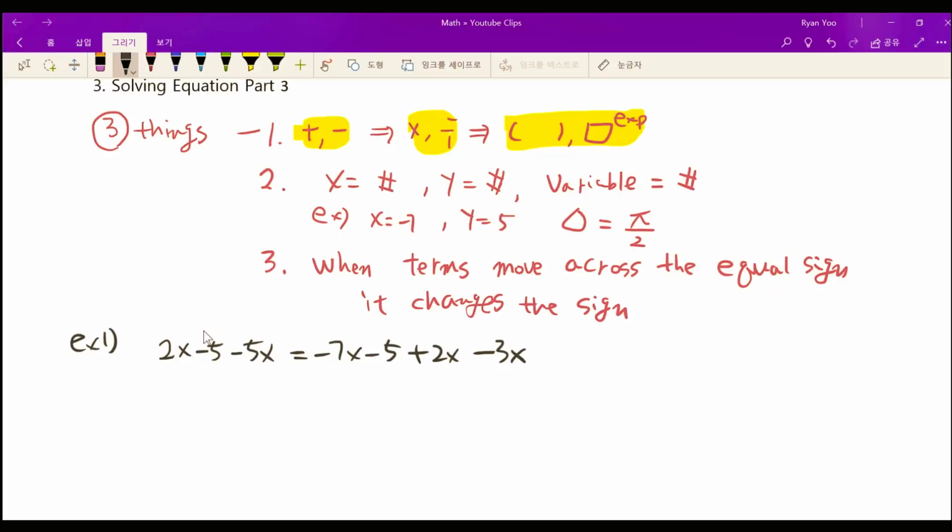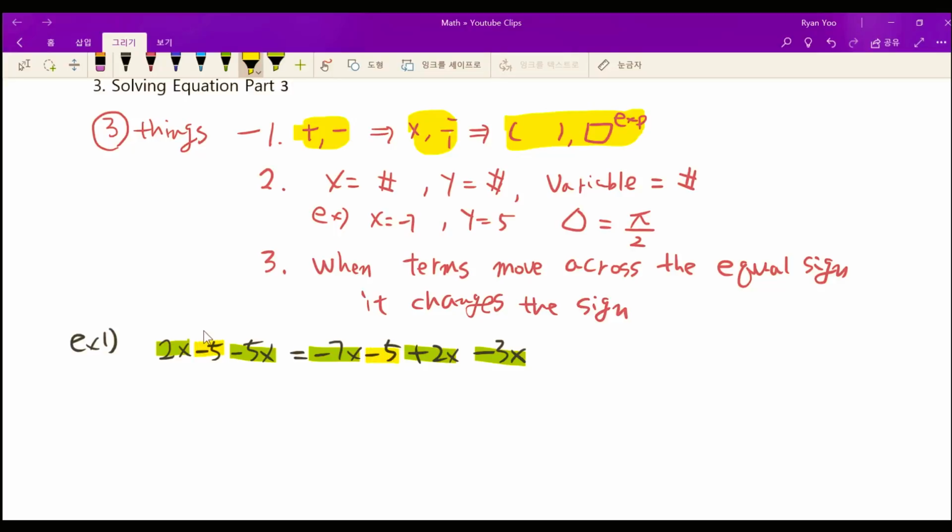Let's look at the variables. Let me highlight this. There are 2x here, negative 5x here, 7x here, positive 2x, and negative 3x. Those are x's. And let me use another highlighter. There's a negative 5 and a negative 5 here.